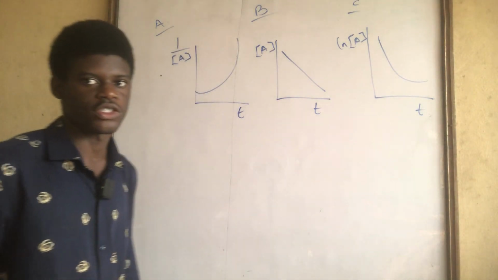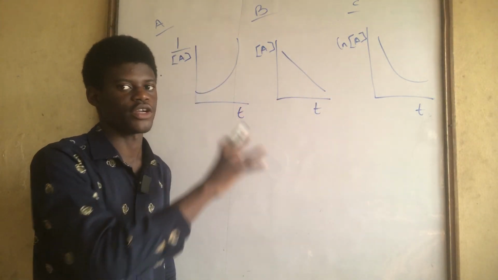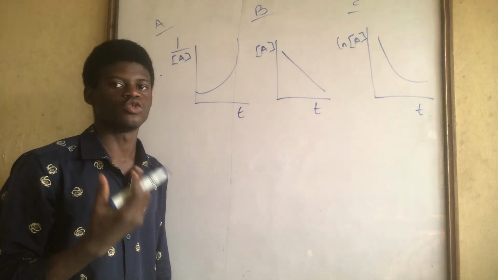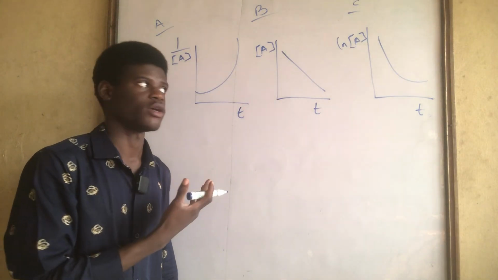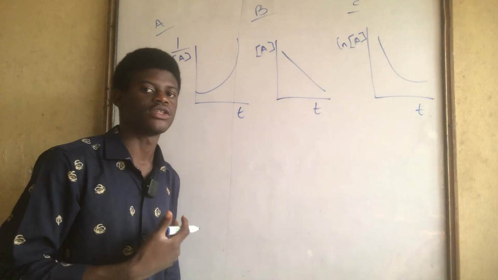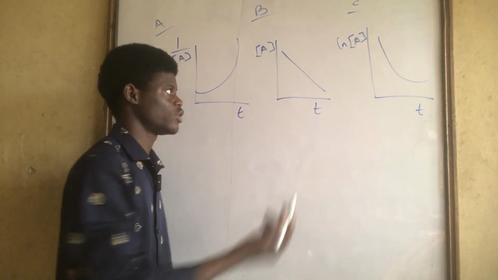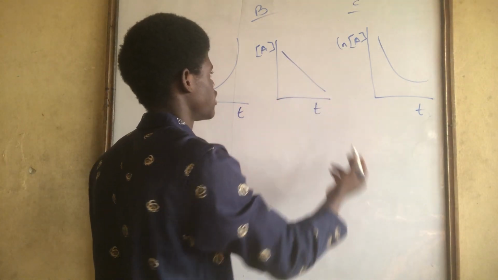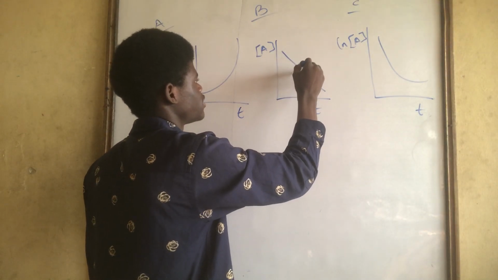So, not to confuse yourself, go straight to the point, because these three graphs are actually correct. Since they represent the same order of reaction, just go to the one you are familiar with, and that is the one that gives a straight line. The curved ones, we are not really familiar with. So this is the straight line graph. You can see it's going in the negative direction, and that's a negative slope.